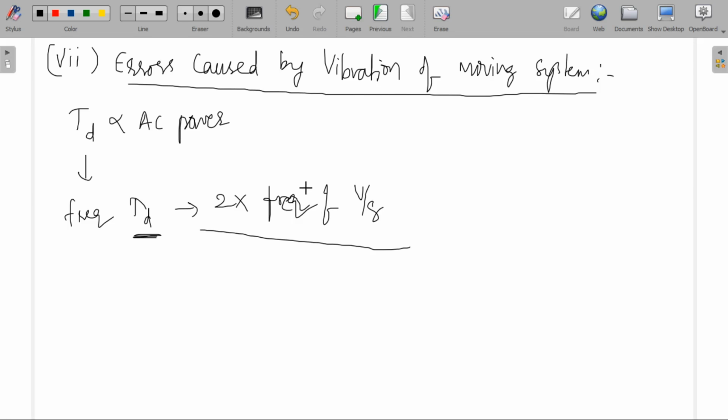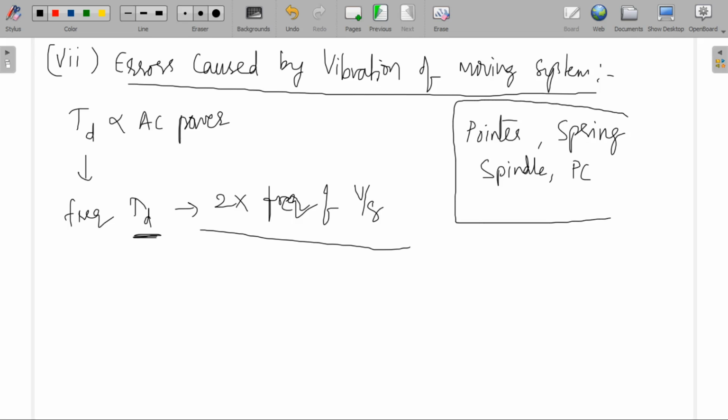In this instrument, we have a pointer, spring, spindle, and pressure coil. All are moving elements present in the instrument. Every object has its own frequency.